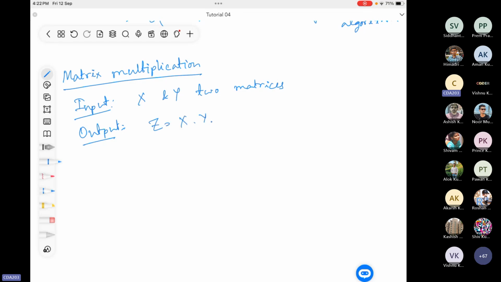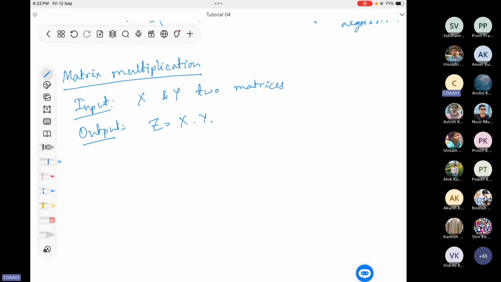We will discuss the square matrix only, but you can extend this same idea to non-square matrices also with a little bit of modification.